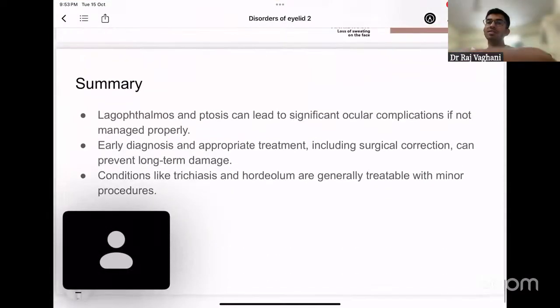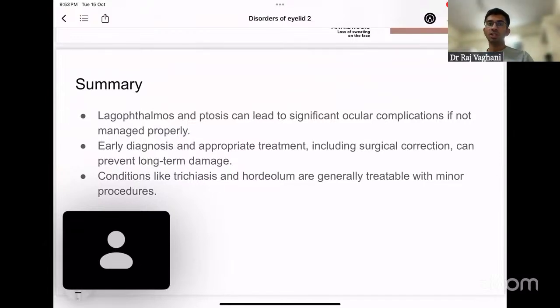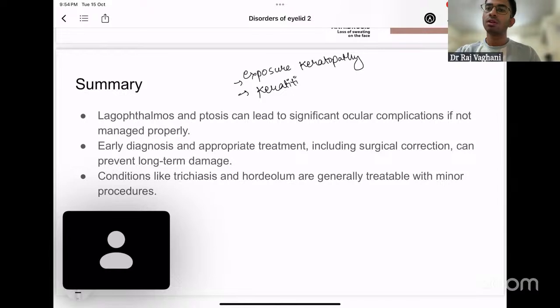Summarizing this whole session, lagophthalmos and ptosis can lead to significant ocular complications if not managed properly. And I have told you the 2 complications: exposure keratopathy and keratitis. So these are the 2 most important complications that can occur if you don't manage your lagophthalmos and your ptosis properly.